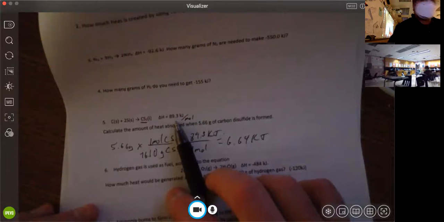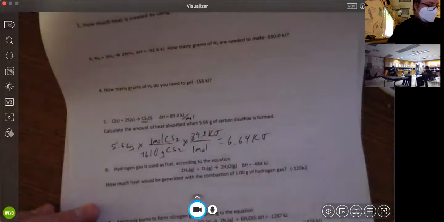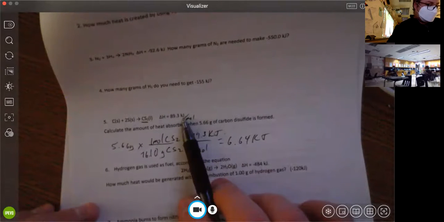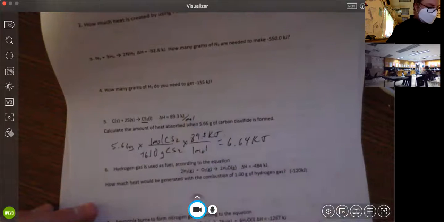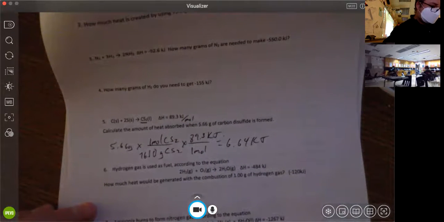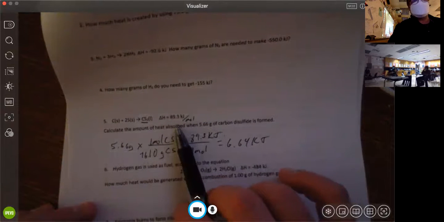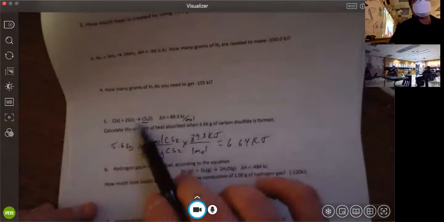Remember, it could be combustion, formation, all of these different types of reactions that they could give you a delta H on. If it doesn't say anything, we assume it's molar, because it's not often that you have this written in per grams, because these are not grams, these are moles, right? So it only makes sense.